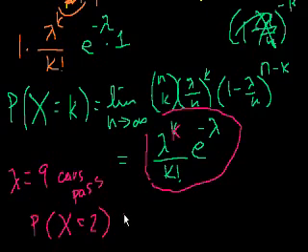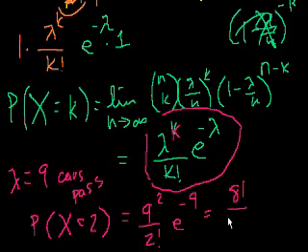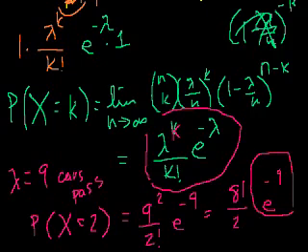It's going to be equal to 9 cars per hour to the 2nd power, or squared, divided by 2 factorial times e to the minus 9 power. So it's equal to 81 over 2 times e to the minus 9 power.